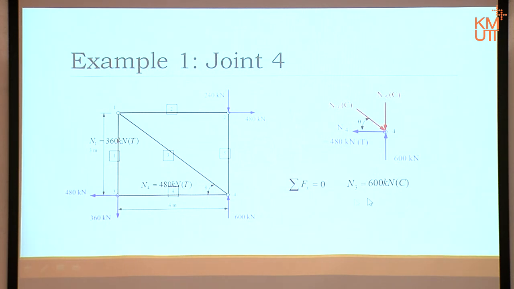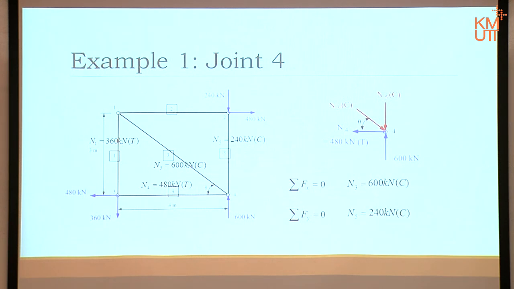Therefore, sigma Fx first, and then because we know the angle, we can do sigma Fy, and apparently N5 is positive. Positive meaning we assume the right direction. In this case, it's not really down, it is compression. Okay? Once we got that, we update it. Because we're going to keep on moving.